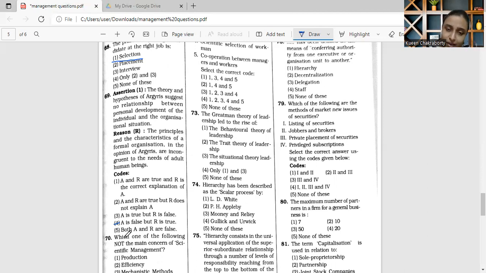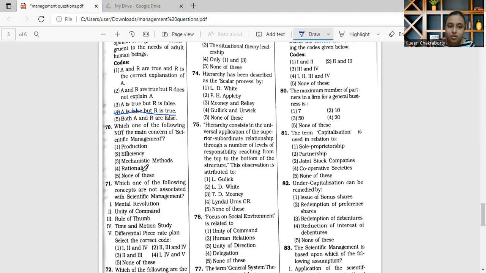So he might feel that he is a part of the organization, and the frustration level diminishes. So accordingly, that is why I said option number 4 is the correct option. That is, A is false, but R is true. The principles and characteristics of a formal organization are incongruent to the needs of adult human beings.